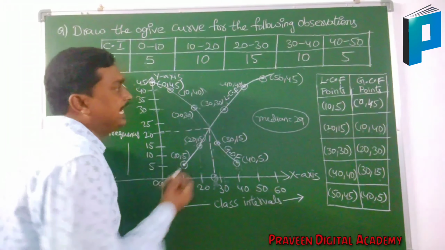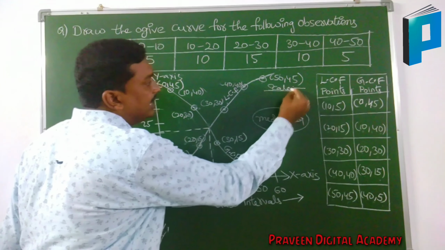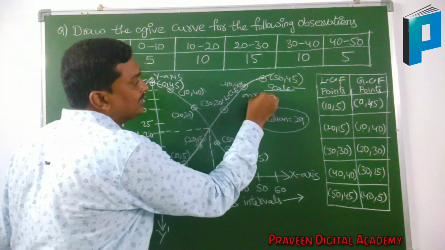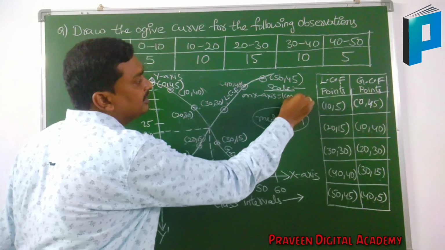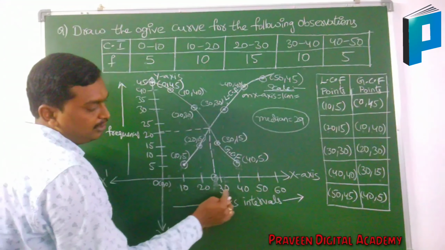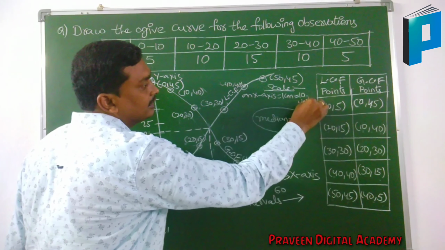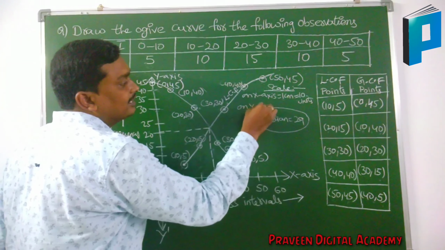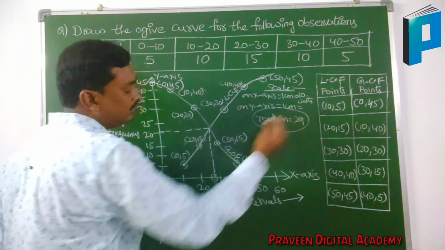Here you have the scale also. You have to write the scale. On the x-axis, 1 centimeter is equal to how many units? 10 units. On the y-axis, 1 centimeter is equal to what?